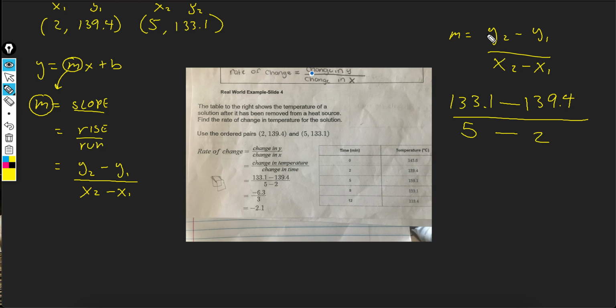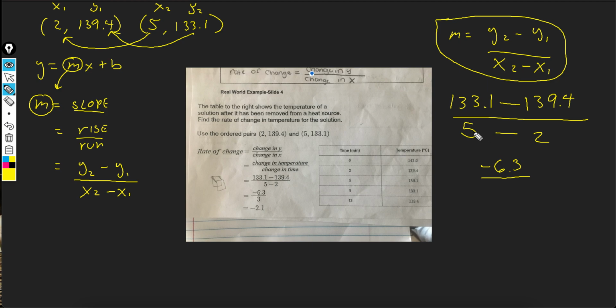So that's all we've done so far. We write this guy out. Then we just plug in our values. y2 minus y1 and x2 minus x1. That's all we've done here so far. Now let's solve this straight through. 133.1 minus 139.4 is negative 6.3.